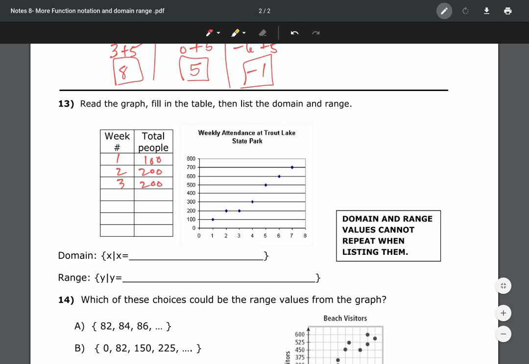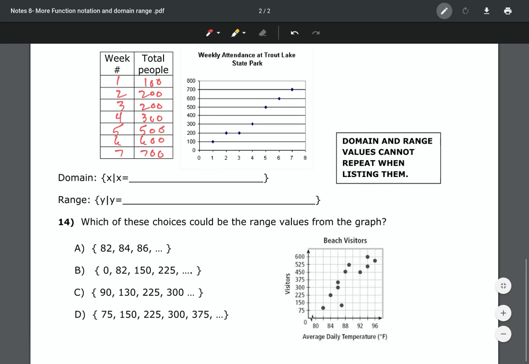So 3 and 200. Right 4 and up 300. So 4 and 300. Right 5, up 500. Right 6, up 600. And right 7, up 700.